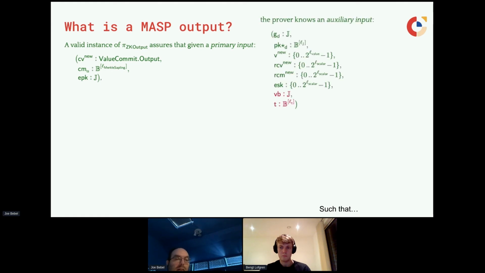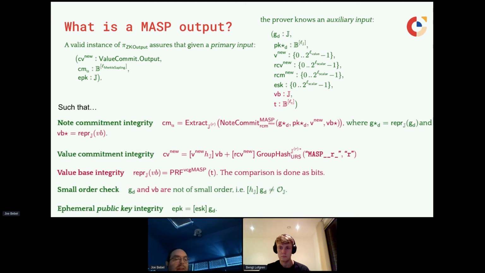And the private input is going to have the private inputs that the Sapling output circuit had before. But we're going to add not just the asset generator to the private input, but also the asset identifier. And we'll see in a second why this is important, why we cannot just add the asset generator like we did in the spend circuit.